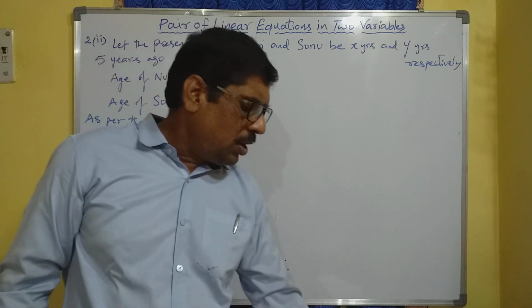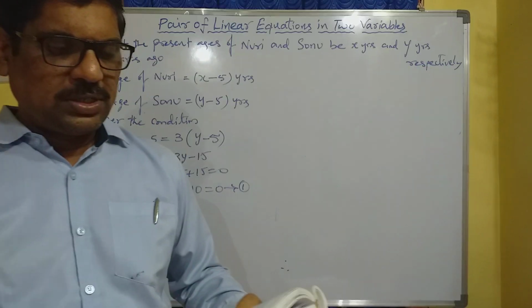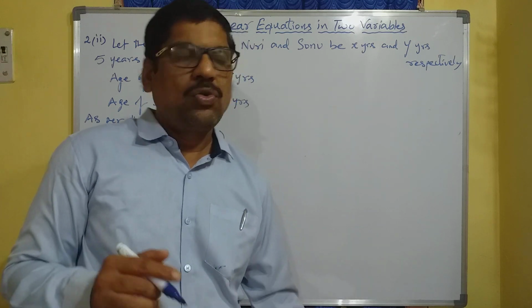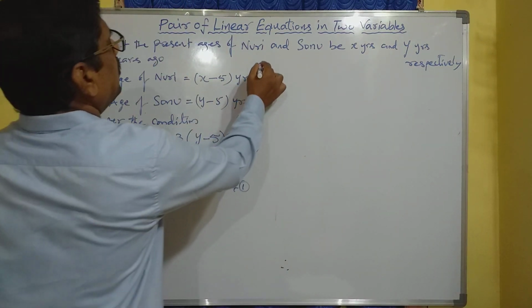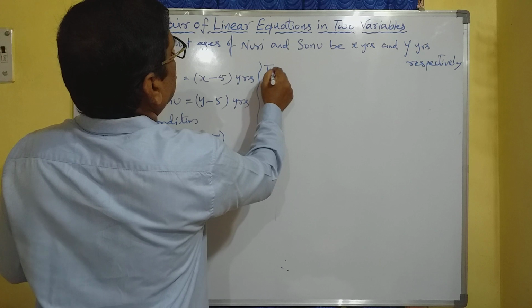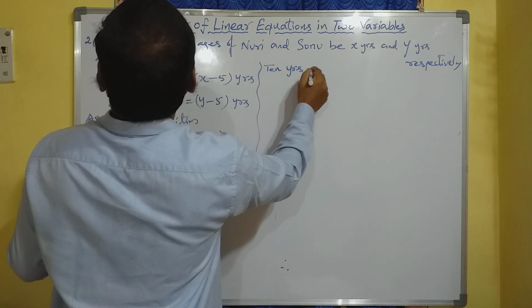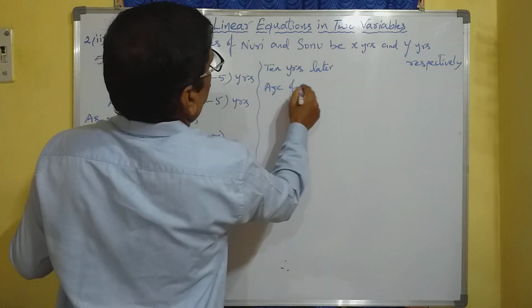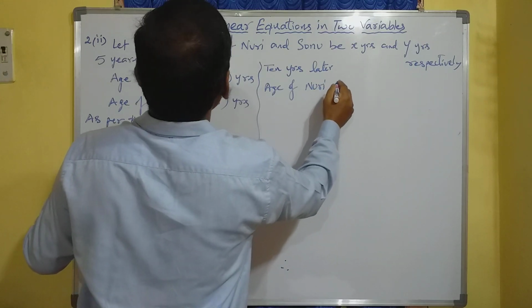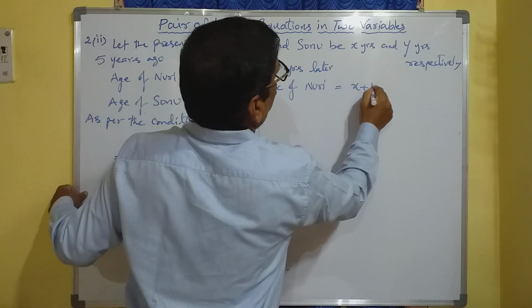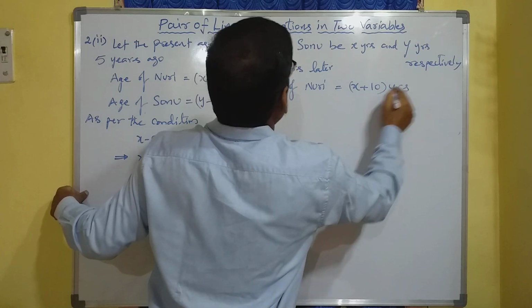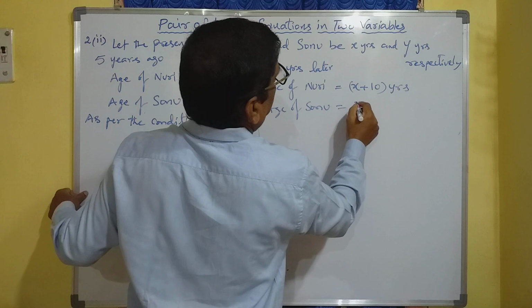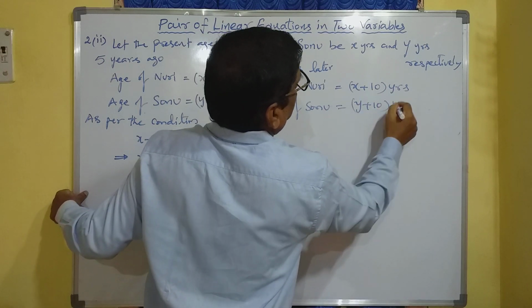Here he has given one more condition. What is that? 10 years later, Noori will be twice as old as Sonu. Here, 10 years later, the age of Noori is x plus 10 years and the age of Sonu will be y plus 10 years.